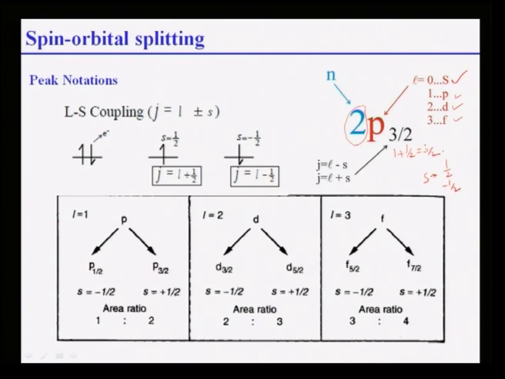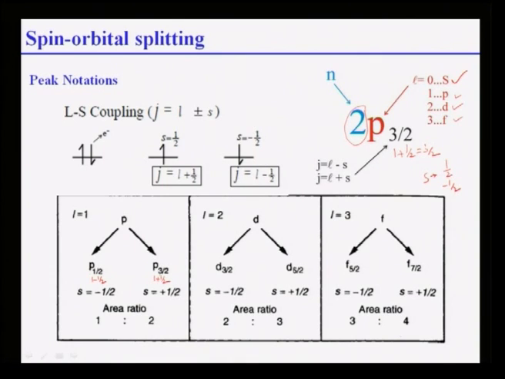So that is what is shown here. When L equals 1, that is for p shells, it is either p 1/2 or p 3/2. If it is p 1/2, that means 1 minus half, where 1 is basically L and minus half is basically down spin. And here it is p 1 plus half, that is 3/2.